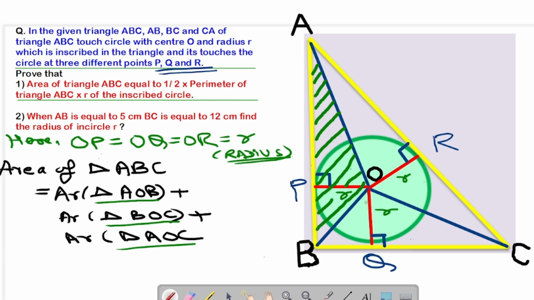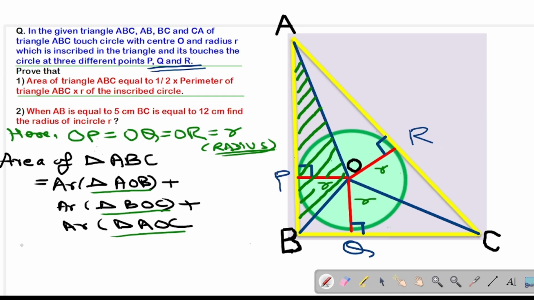We know the area of a triangle, right? So the area of triangle AOB will be half into AB into OP. Similarly, the area of triangle BOC is half into BC into OQ, and the area of triangle AOC is half into AC into OR, right?